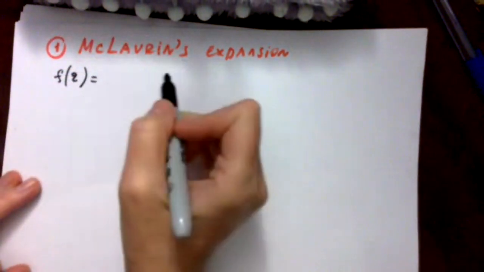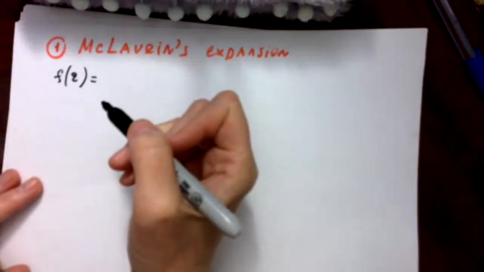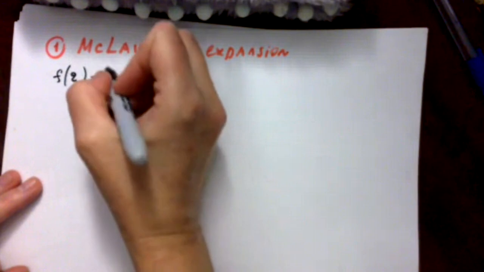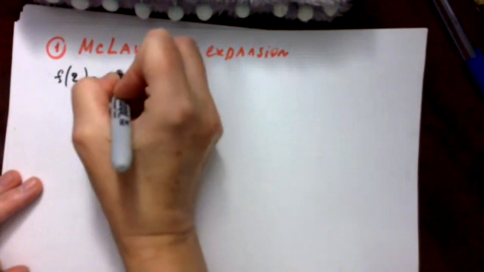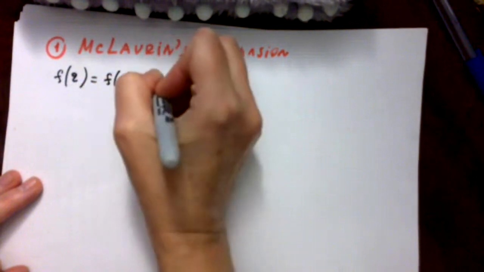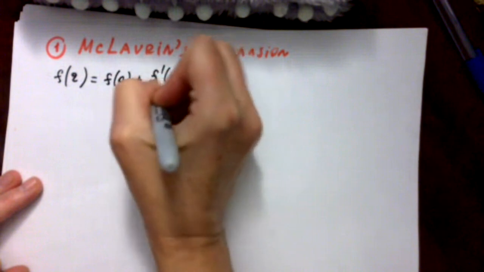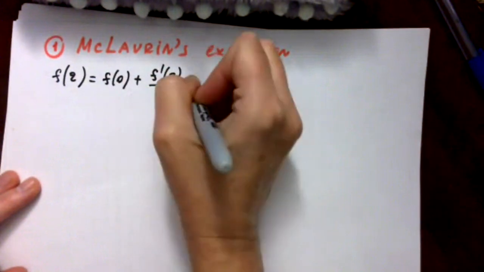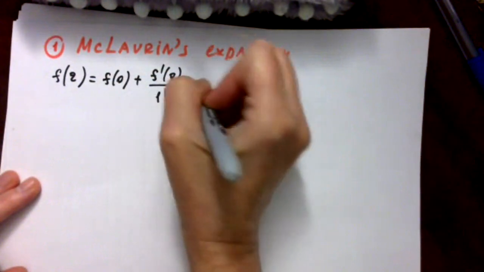So some function f of z could be expanded into the series of such expressions. So f of 0 plus f prime of 0 divided by 1 factorial z.